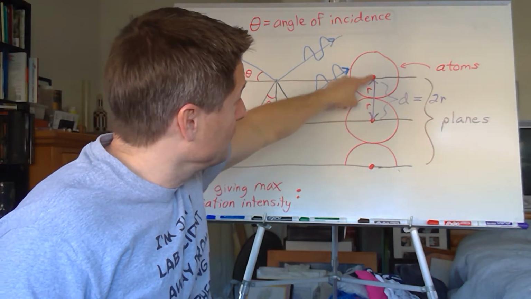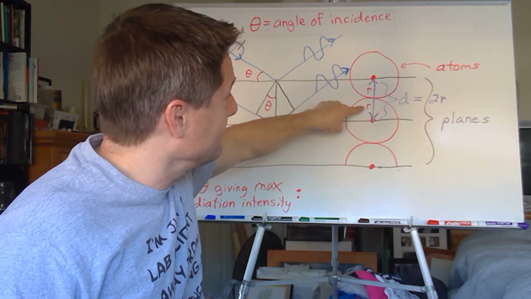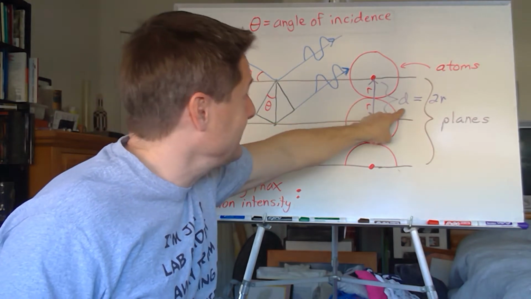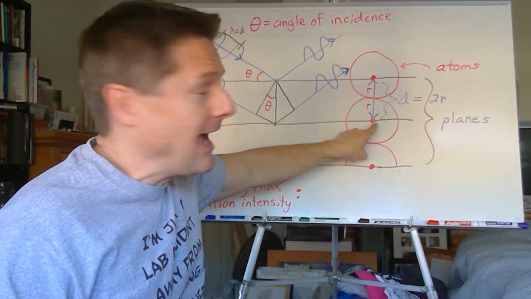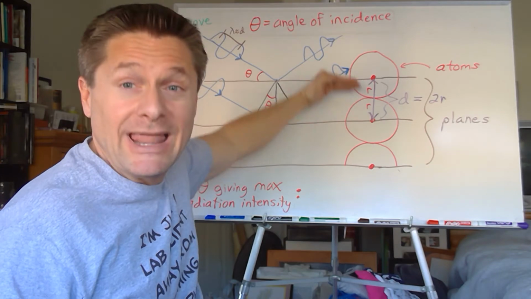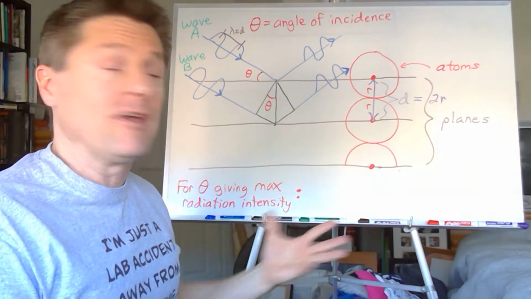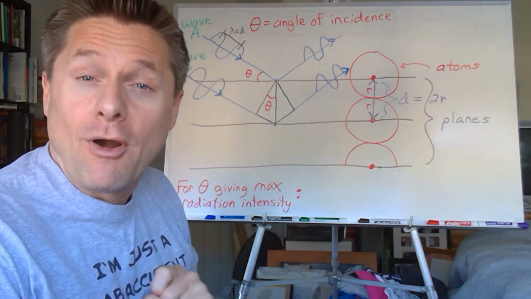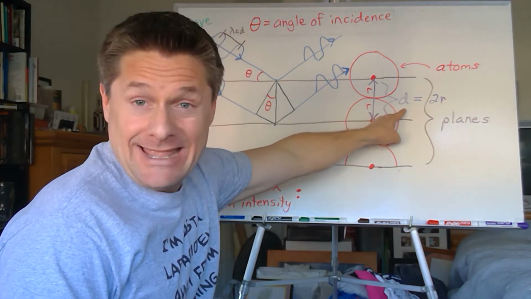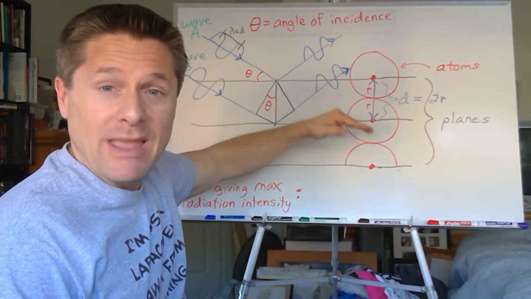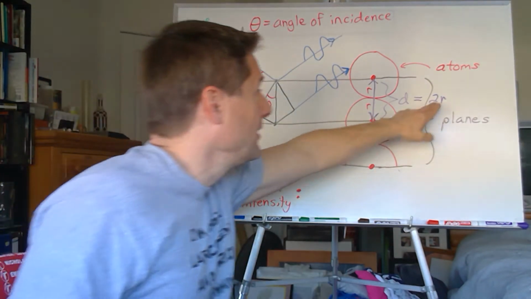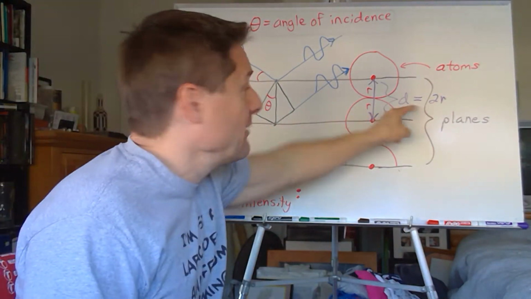And that distance, would you agree, is just the radius of that one and the radius of that one. So the distance between the nuclei, or the centers of these atoms, or these interatomic planes, would be 2 times the radius. And our goal is to figure out what R is. So if we can get D, the interatomic plane spacing, the distance between the atoms, we can get R just by dividing it by 2.